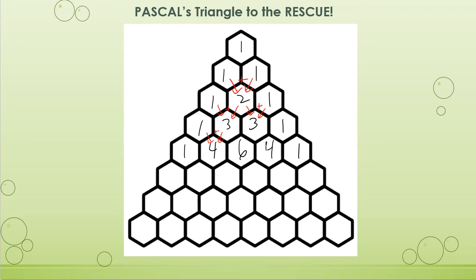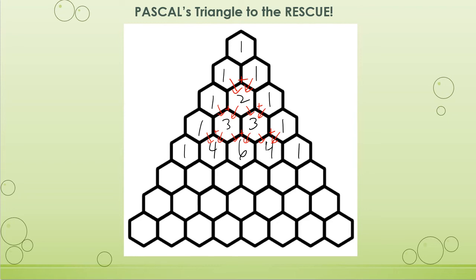How did I get 6? 3 plus 3. How did I get 4? 3 plus 1. Does that make sense? See if you can, in a second, pause it and come up with the next 3 rows on your own.